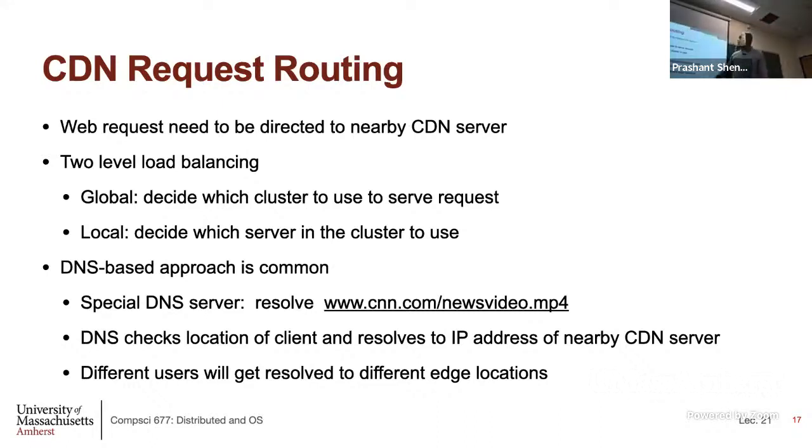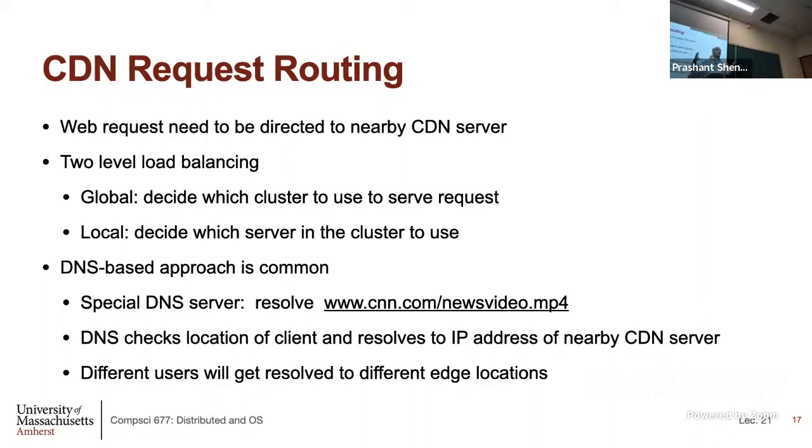That brings us to what is called CDN request routing, which means the CDN gets a request, how does it handle it? Because you need to send the user request to the nearest cache so that they get the lowest latency. There are two levels of load balancing the DNS is going to do. One is called global. Global load balancing is to say which location cluster should I use. That's what I just talked about, use DNS.